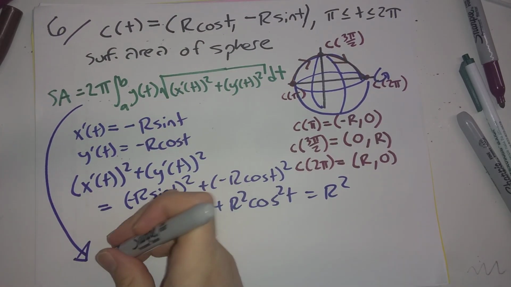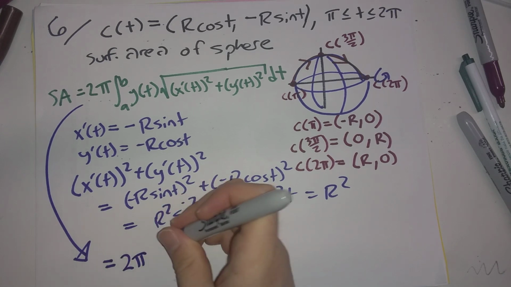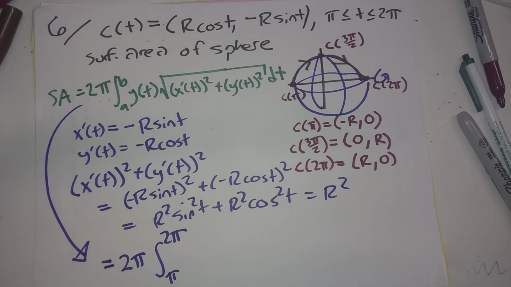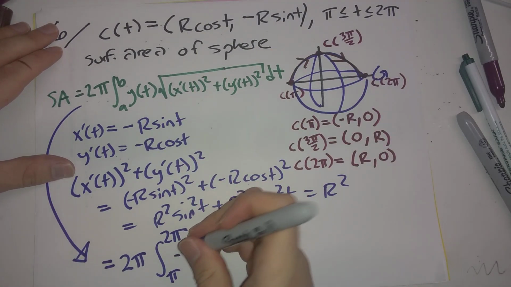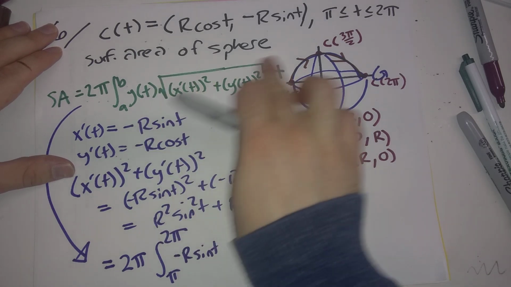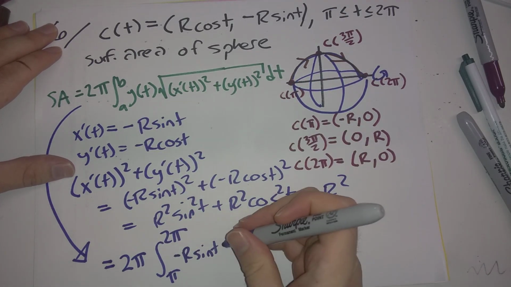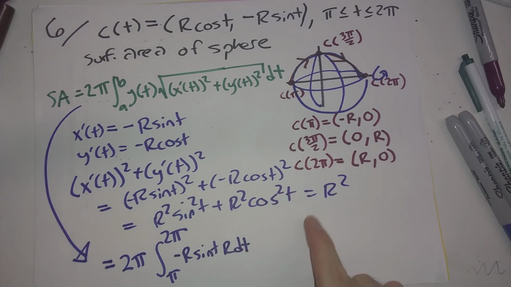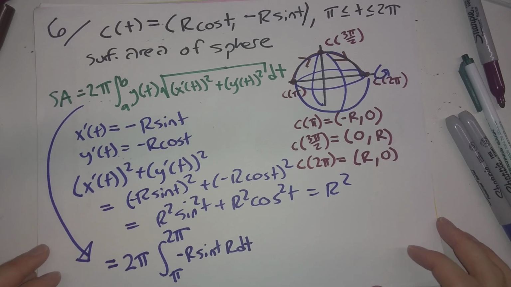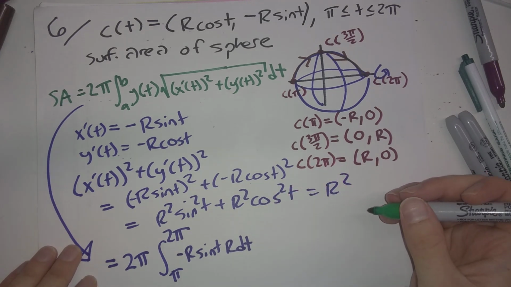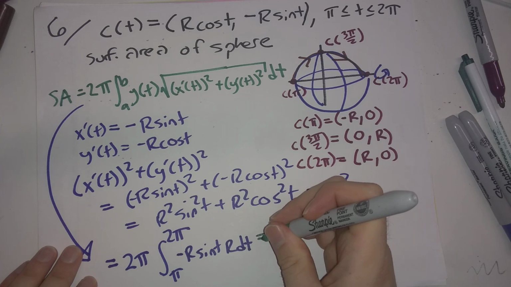So what do we have at this point? We have 2 pi times the integral from pi to 2 pi. Y of t is minus r sine t, and then times the square root of r squared, and that's just going to be r. We're assuming r is a positive constant, so we don't have to worry about square roots and absolute values and stuff like that.